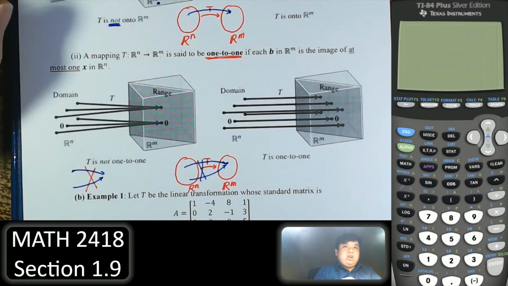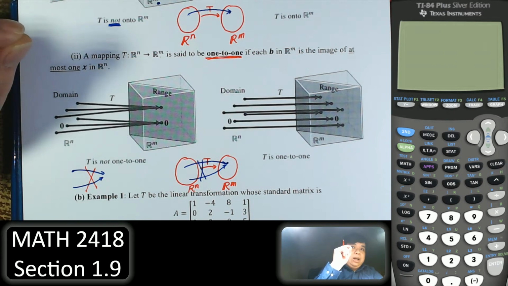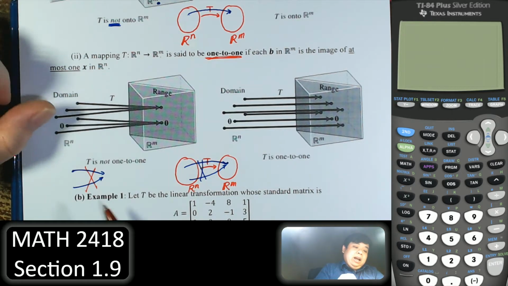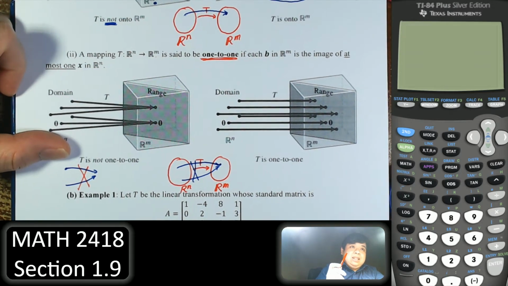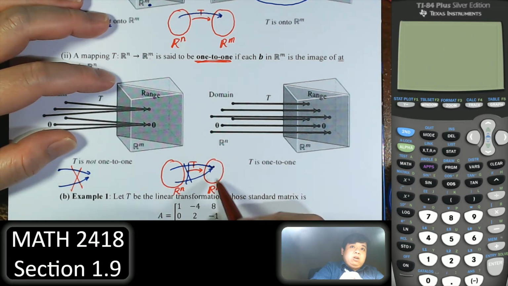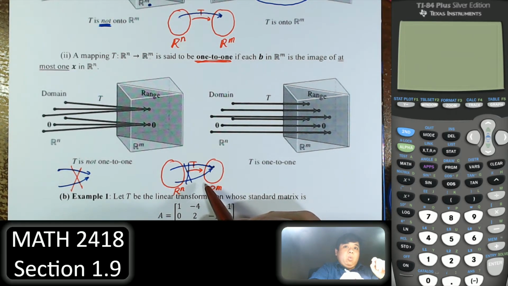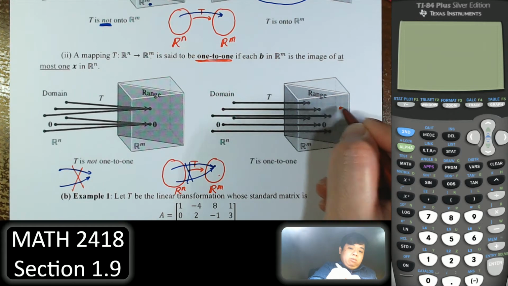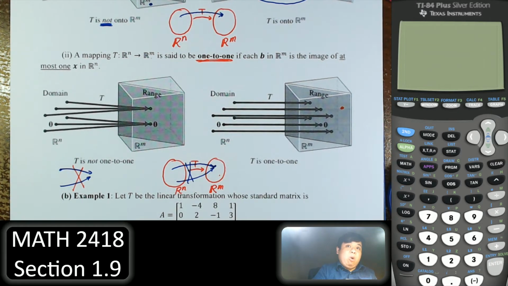So onto means each point in the target has an arrow pointing to it. One-to-one means that every point in the target will get at most one arrow. So there may be a point standing outside by itself that doesn't have any arrow pointed to it.